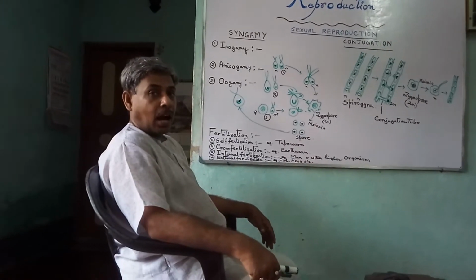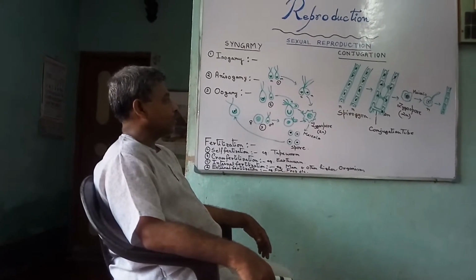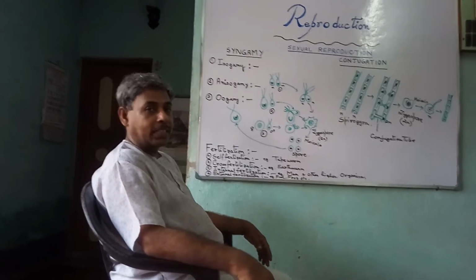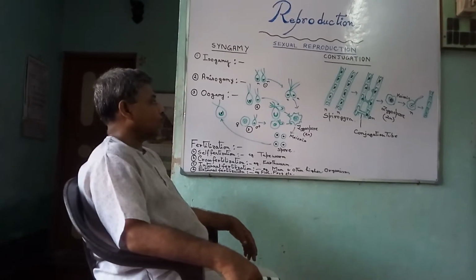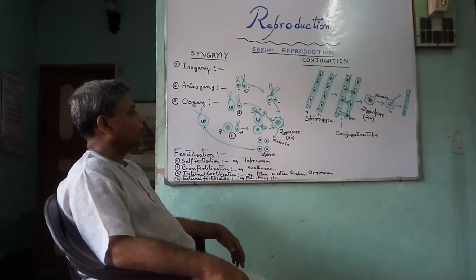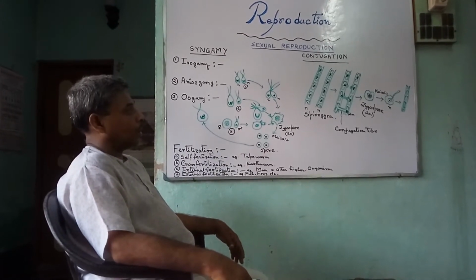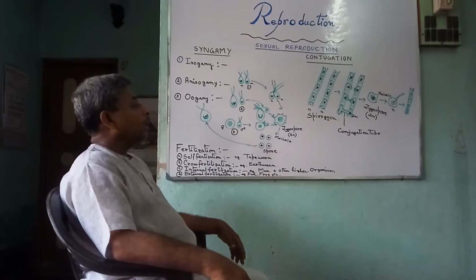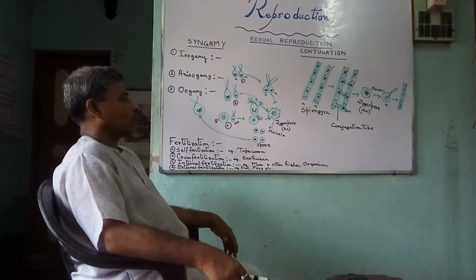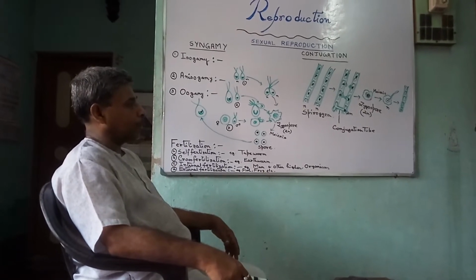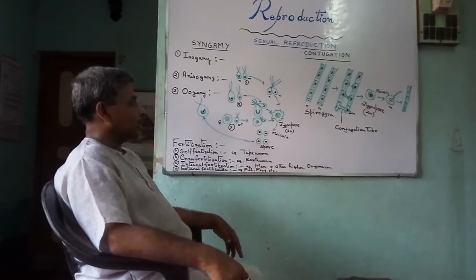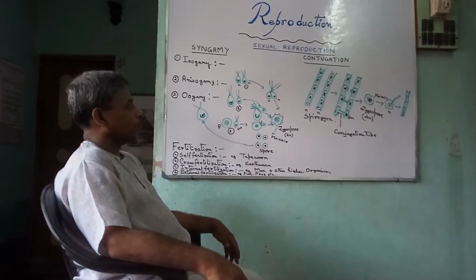These organisms are resistant to diseases as a mixture of genetic material is occurring, and number two, it promotes the procedure of evolution and adaptation also. The organisms produced are better adapted to survive in the environment. So these are the basic processes of sexual reproduction and significant importances of sexual reproduction.